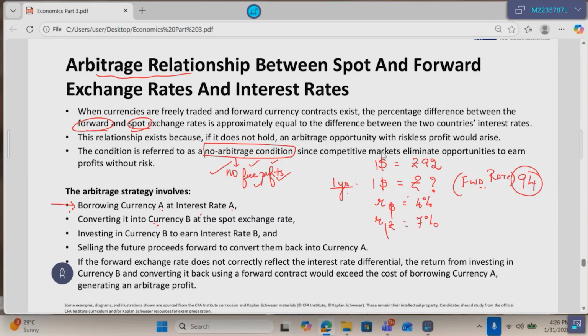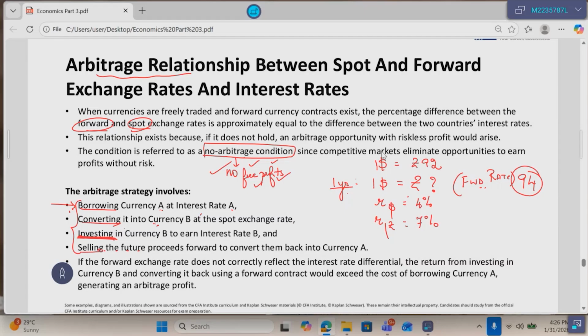But after you borrow, you will convert it and then invest it. Now remember, once you invest it, you have to ensure that you are protected against the exchange rate. So you'll also sell the forward rate, a forward contract. Now wait for 1 year.